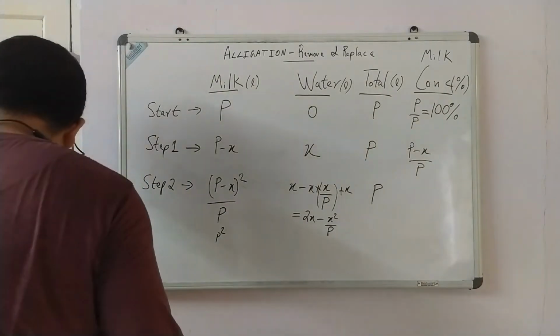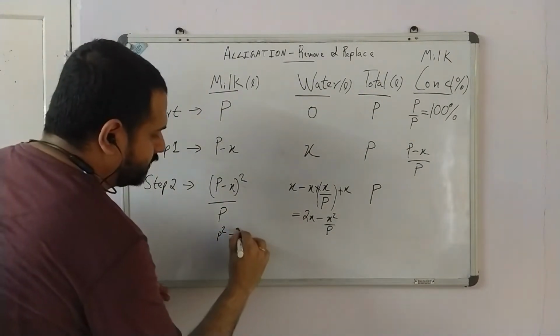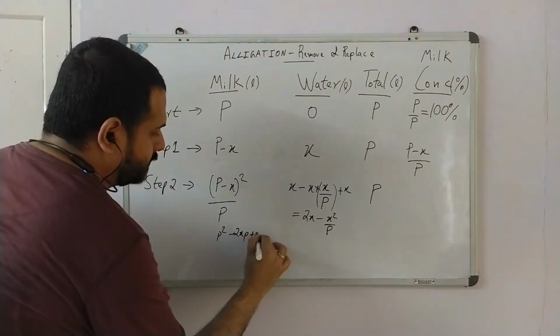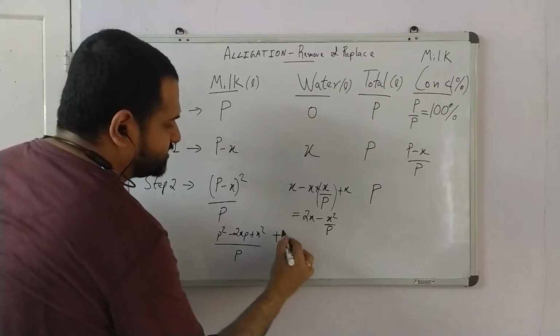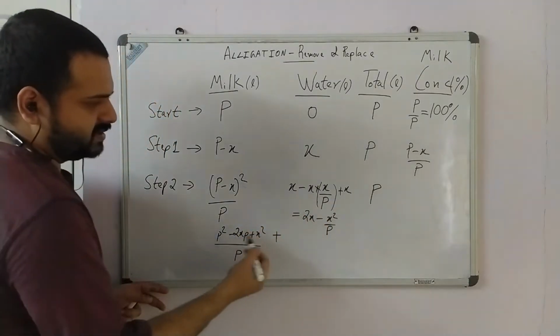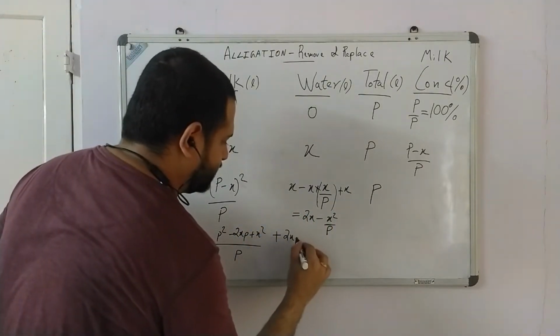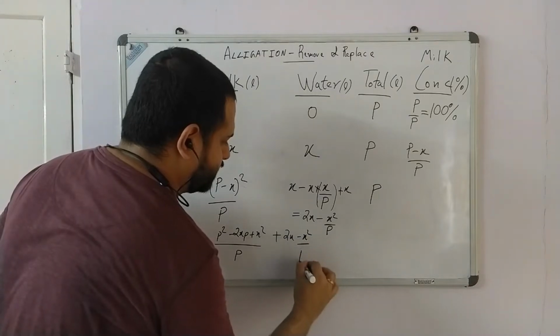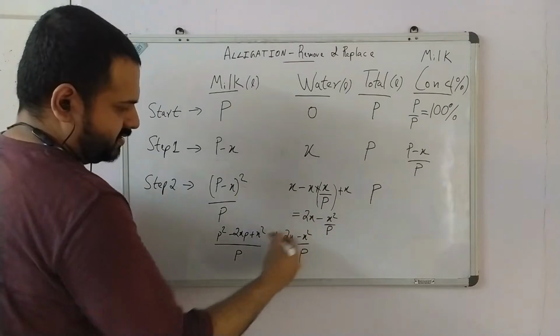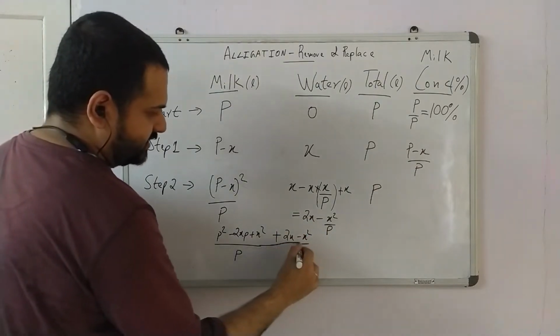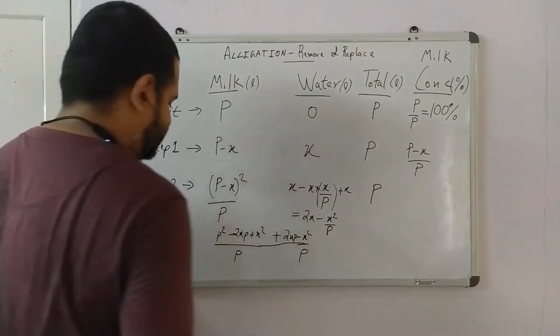Or p square minus 2xp plus x square, the whole divided by p, plus this is the amount of milk plus the amount of water, right? So if I take the common LCM, this will become p, correct?